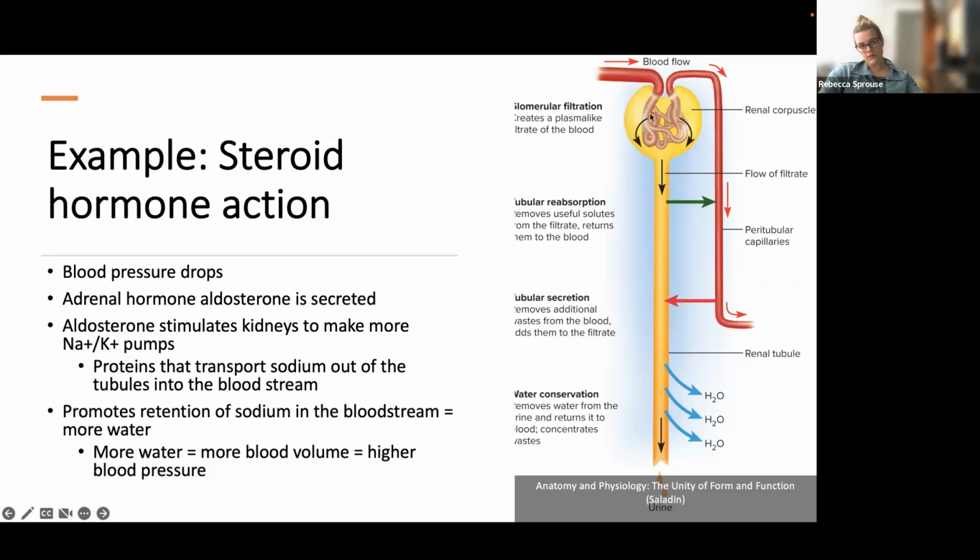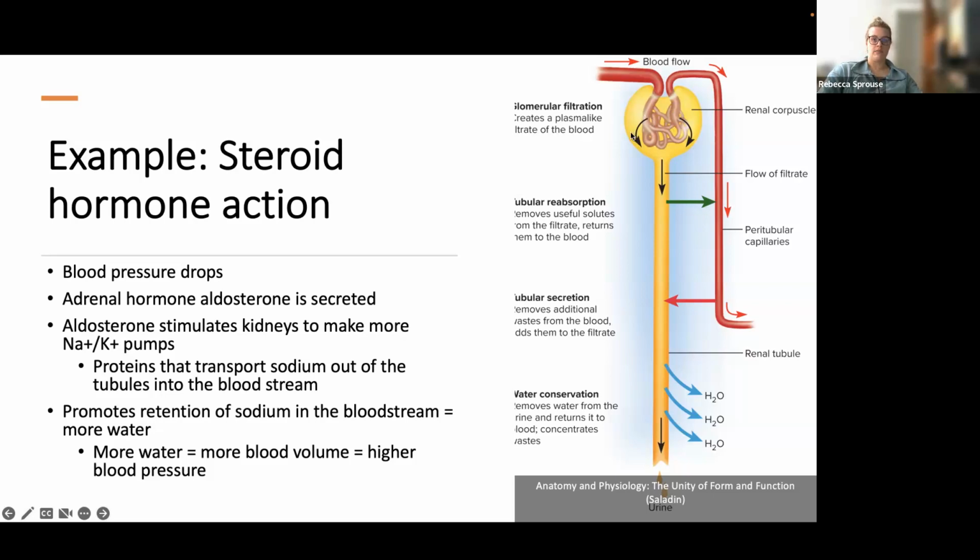So if sodium's leaving and going into this tubular system, which actually is how urine is formed, water's following, that diminishes the amount of water that's actually in the bloodstream. The less water you have in the bloodstream, the less blood volume that you have, okay? And the less blood volume that you have, the lower your blood pressure, okay?